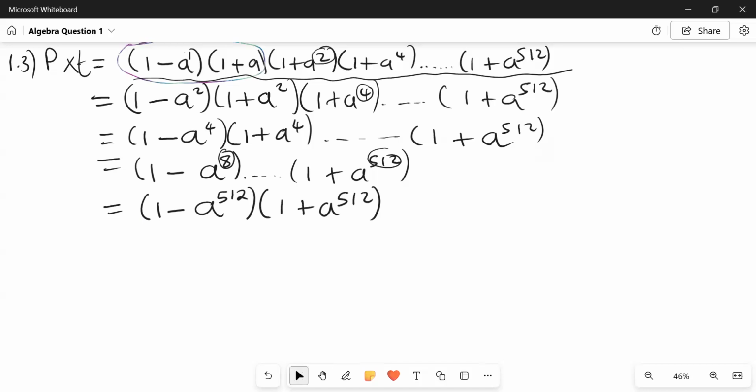So now we're at a point where we have 1 minus a to the power 512. So again, this is just difference of two squares. So 1 times 1, that's just 1. And then a to the power 512 times a to the power 512 is just a to the power 1024. And then this is your final answer.